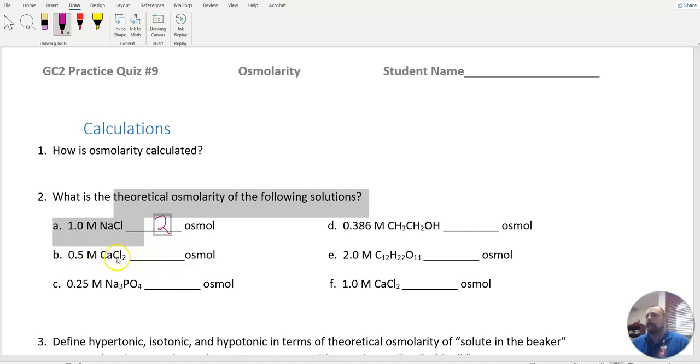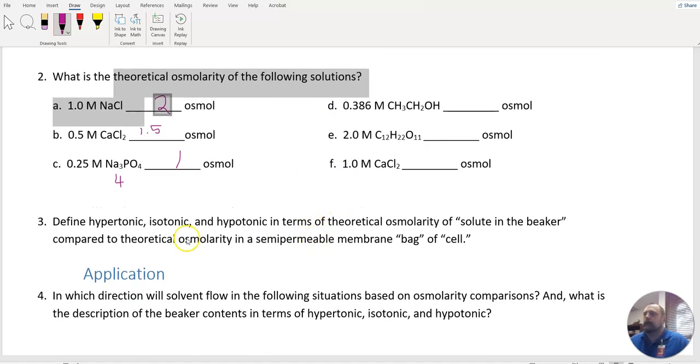So here I have 0.5, and the Van't Hoff factor is 3, so 1.5 molar. And sodium phosphate, I've got an i of 4, and so 0.25 times 4 gives me an osmolarity of 1. All right.